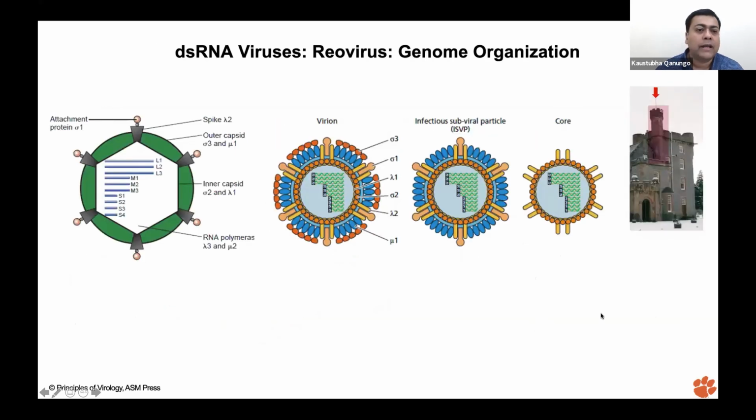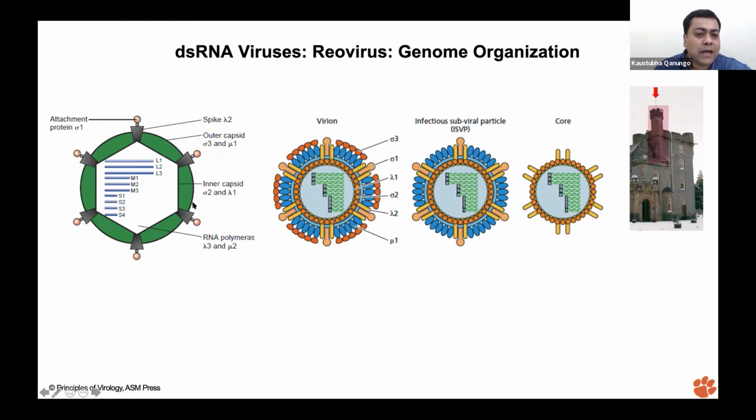So here is an overview that will actually give you the idea. This is the schematic, and you can see this is the hollow spike protein, or the turret, which is capped by this sigma 1 protein. So this is a turret. So what we were talking about, that is how it's named. The spike or the turret is the same thing.